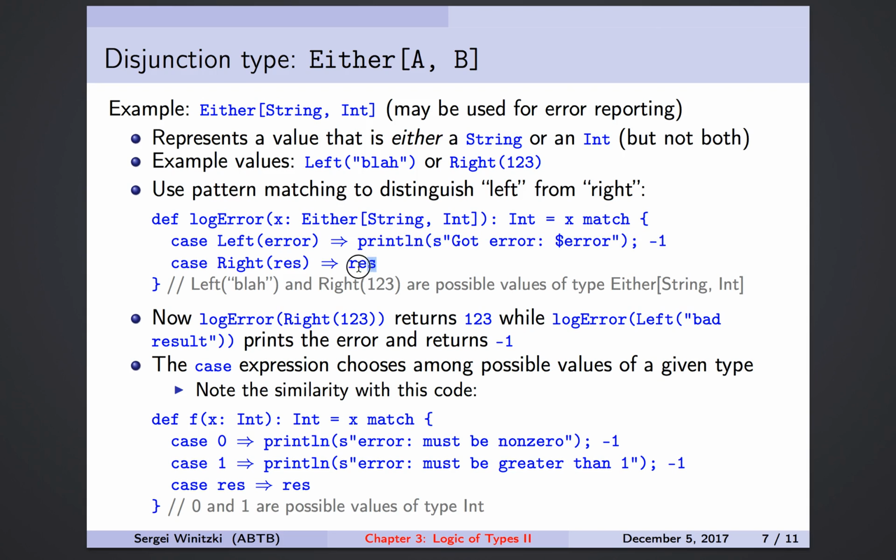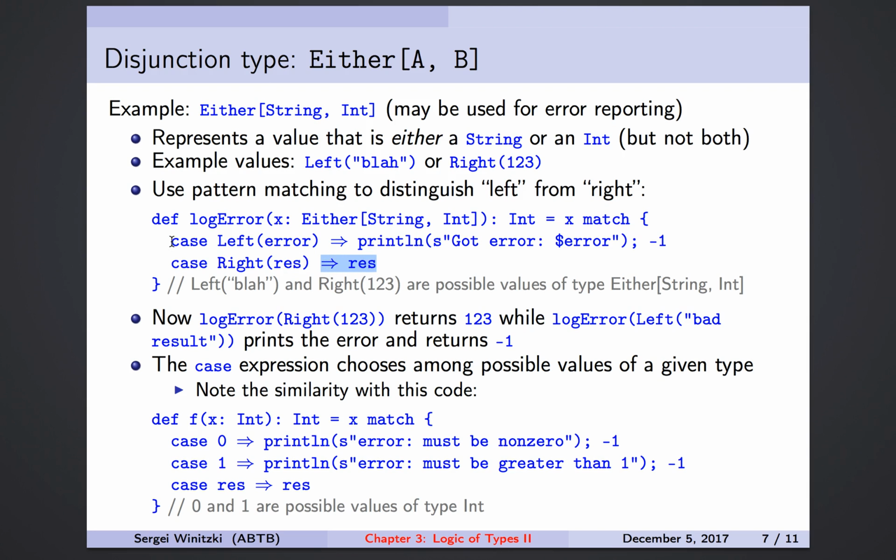I cannot make a mistake and try to access this error value when actually I'm in the right disjunction, in the second part of the disjunction, because the error is not defined in the scope that I am just showing in this scope. Only the res is defined.